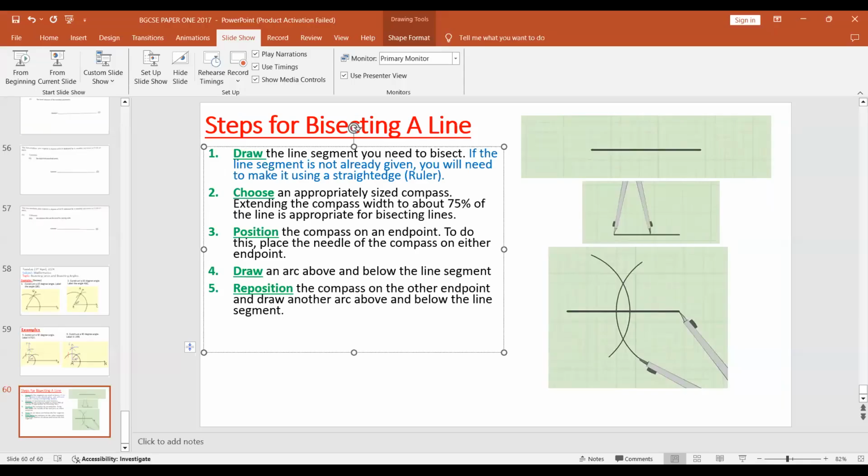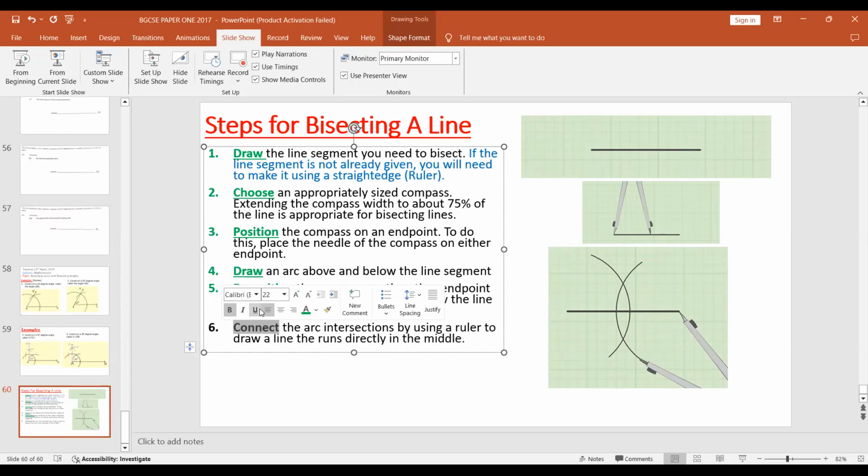So number 6, connect the arc intersections by using a ruler to draw a line that runs directly in the middle, okay.